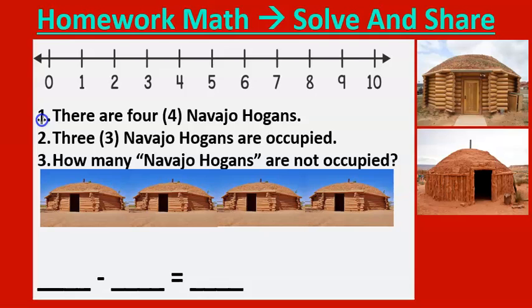I want you to copy down numbers 1, number 2, and number 3. Copy those onto your paper, and I want you to write your subtraction equation here. You're going to have to read these sentences to get your answer, okay? Once you get your answer, you're going to put that answer at the end here, okay?